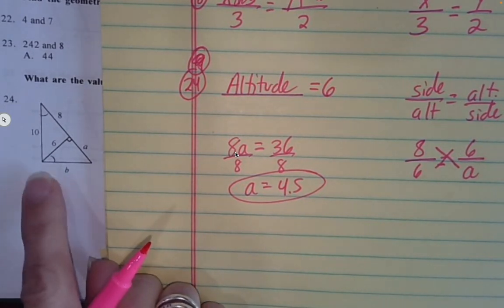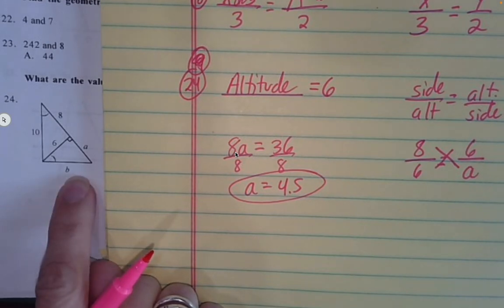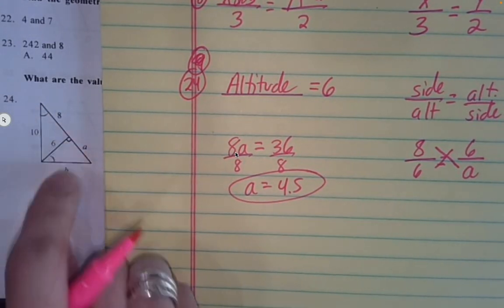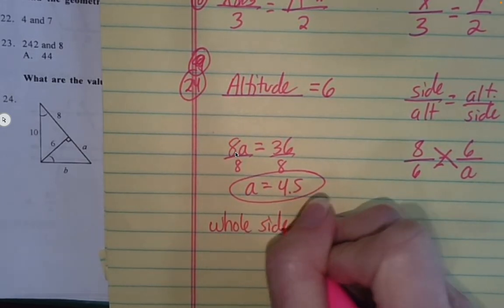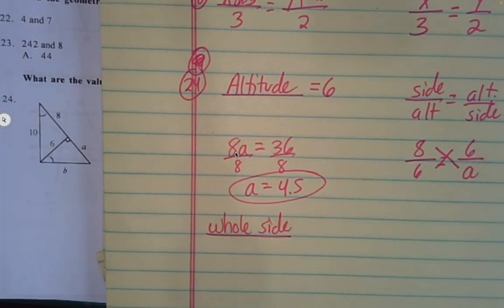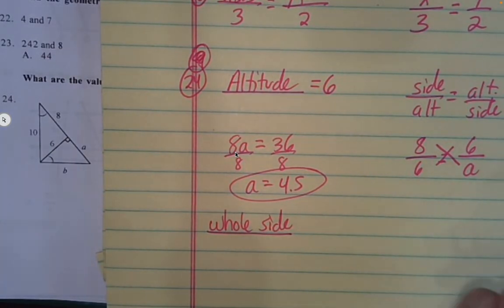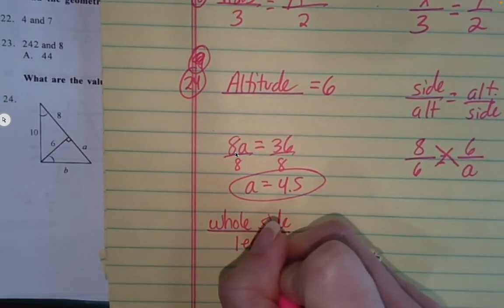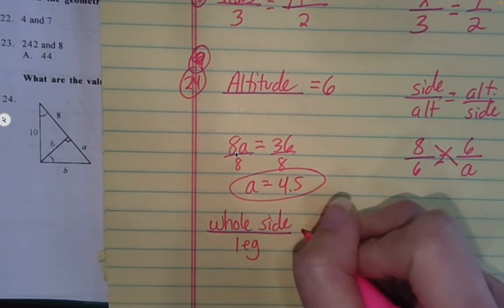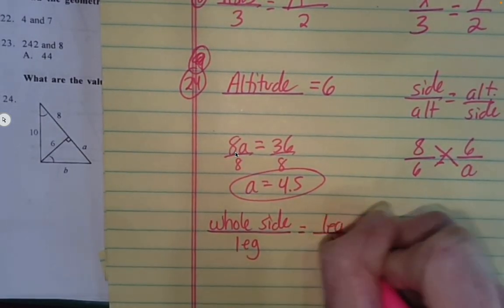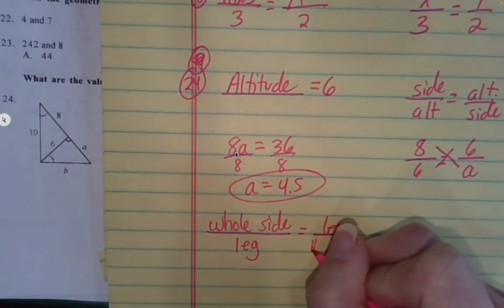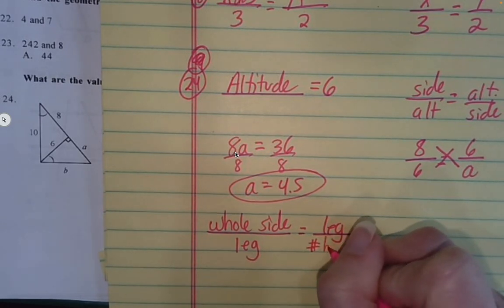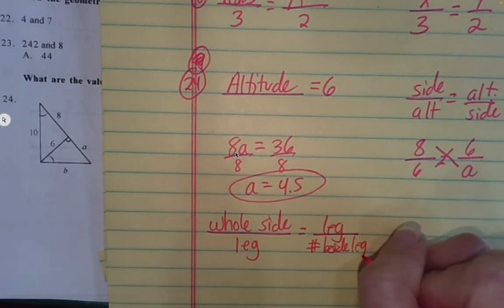If you're looking for the leg, you take the length of the whole side, then you put the leg, and the leg we don't know still, and then the number beside the leg. That's what y'all told me to write.